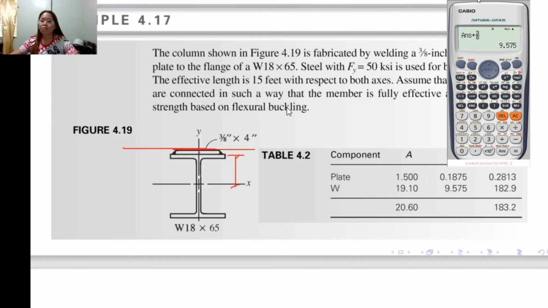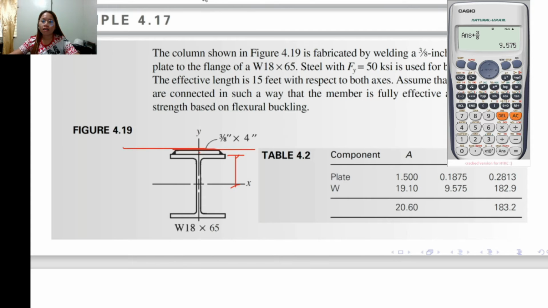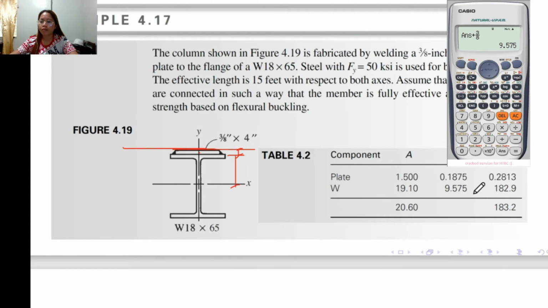That gives about 9.575, the distance plus the thickness, so the whole is 9.575.